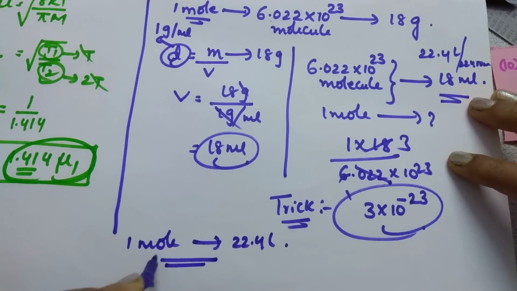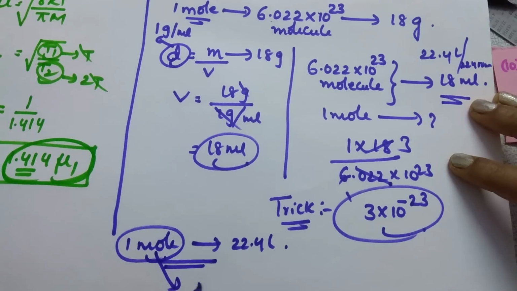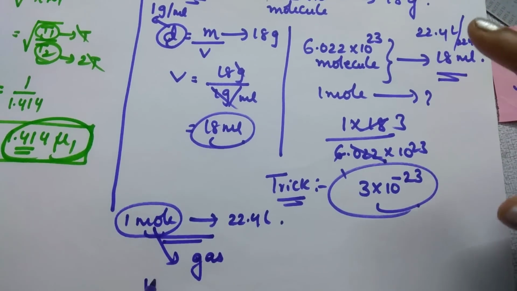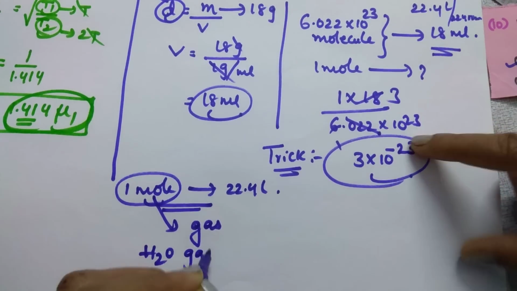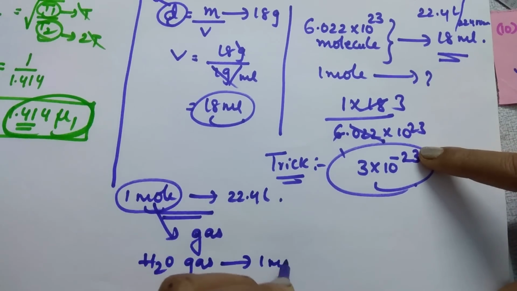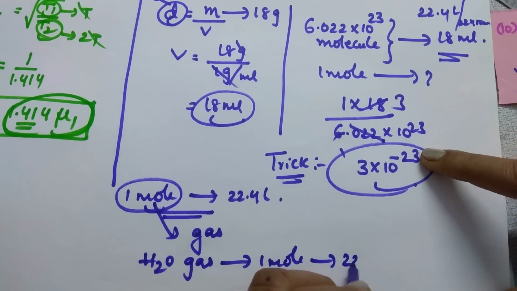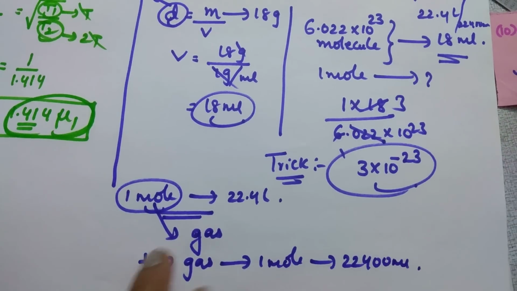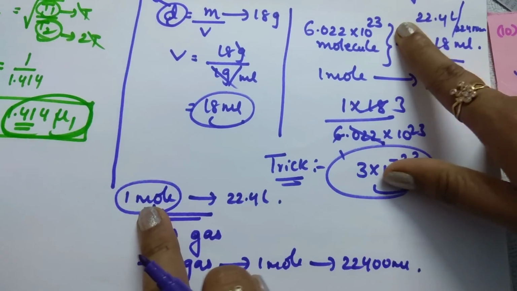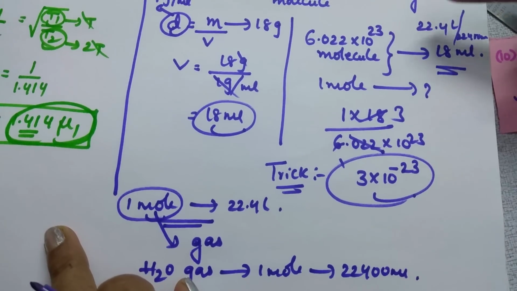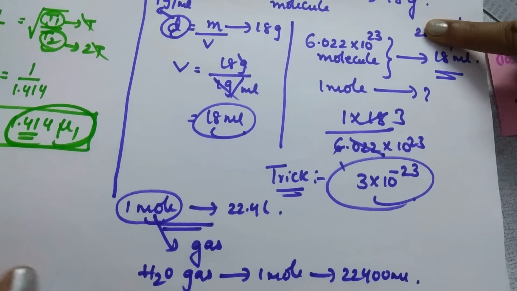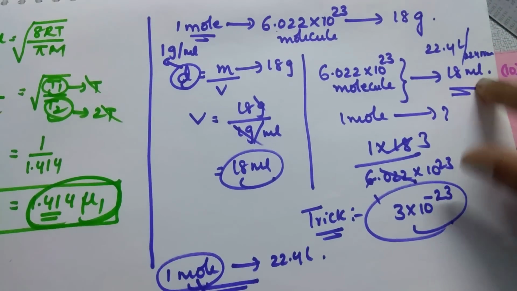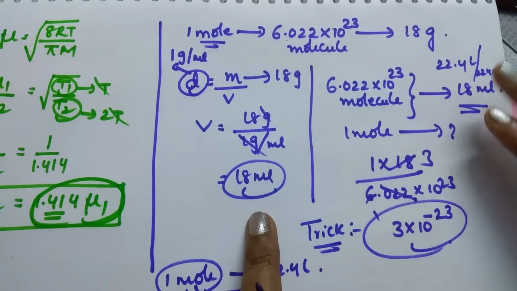This relation holds good only for gas molecules. Only if water H2O is a gas, then you should relate that 1 mole of gas equals 22,400 ml or 22.4 liter. When it is in the liquid state, you should not relate that to 22,400 ml. Clear, students? Here you have to take 18 ml, and solve based on this density.